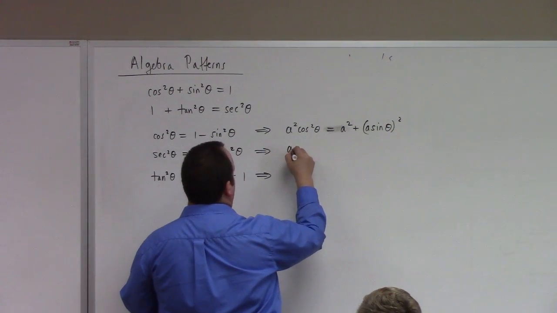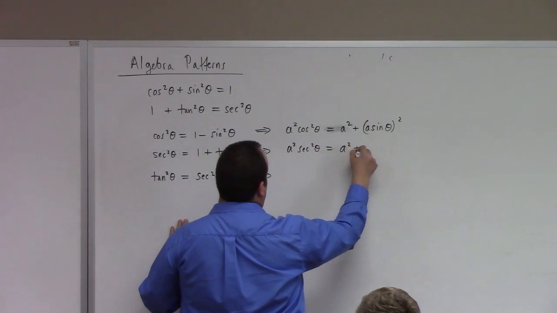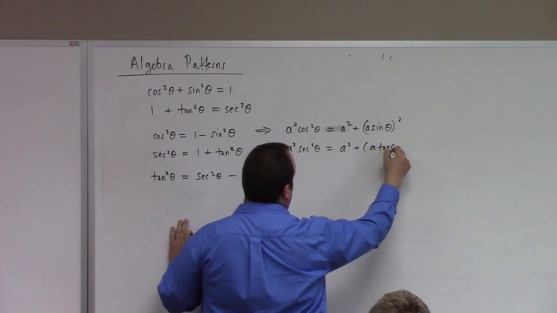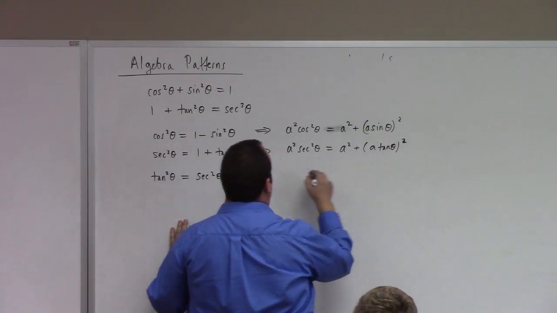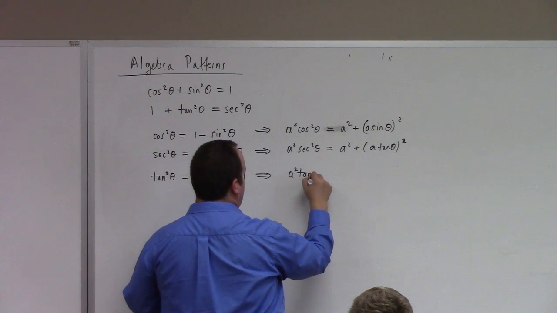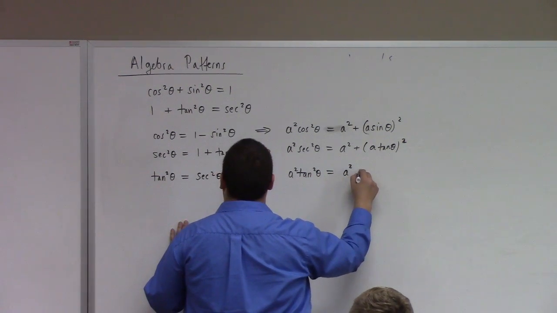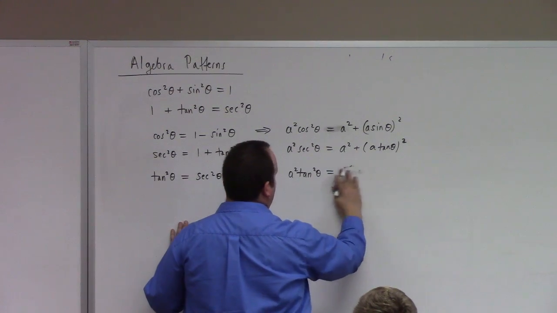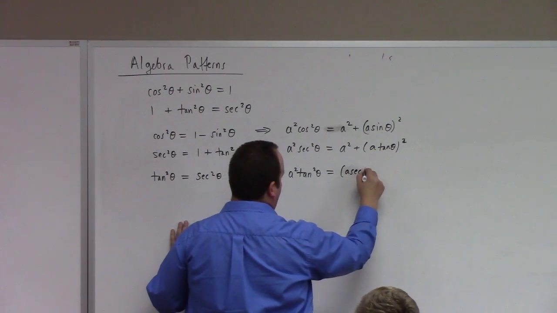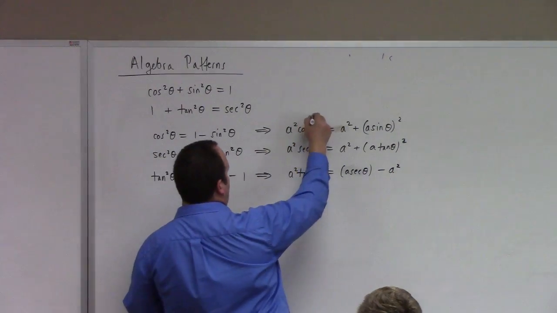This gives me a squared secant squared theta is equal to a squared plus a tangent theta squared. And this gives me a squared tangent squared theta is equal to a secant theta squared minus a squared. So I just put a big box around these.